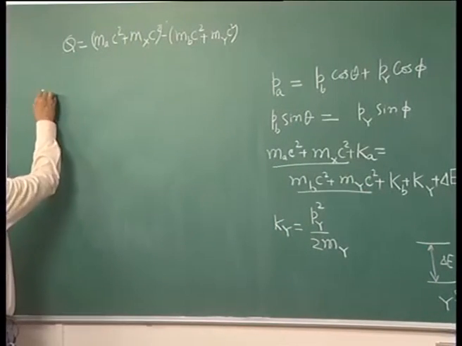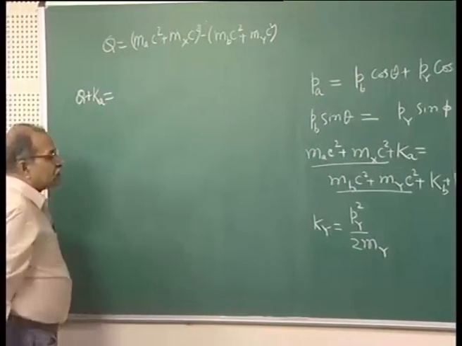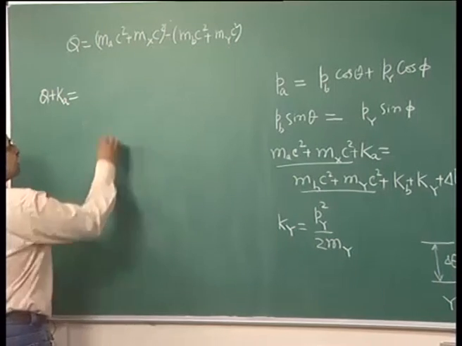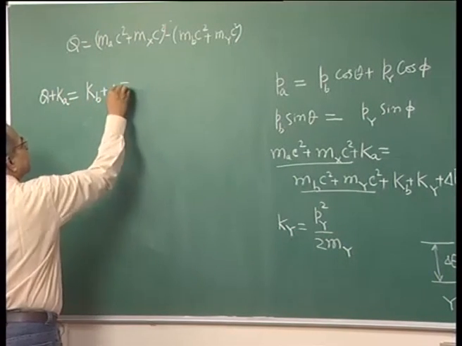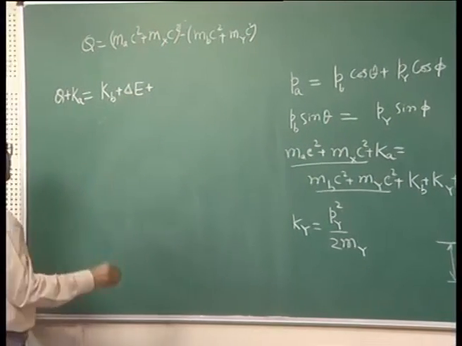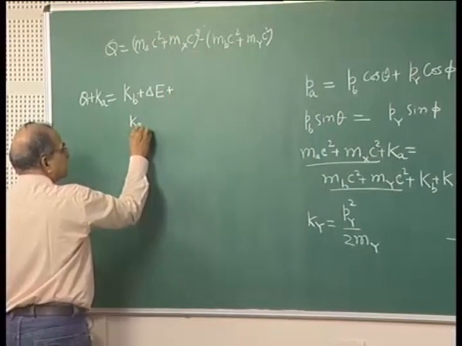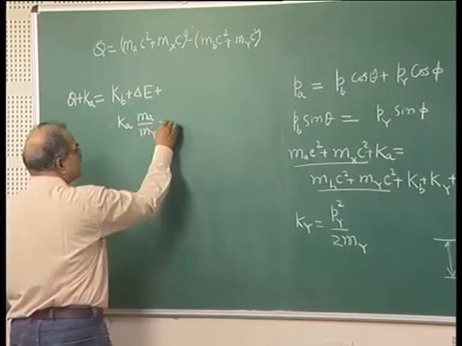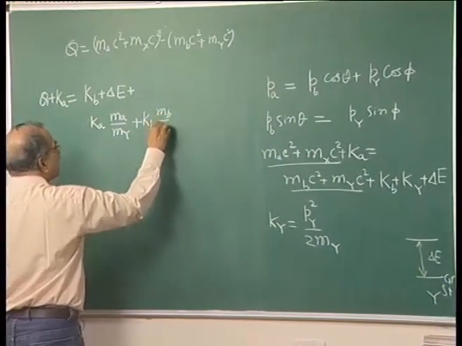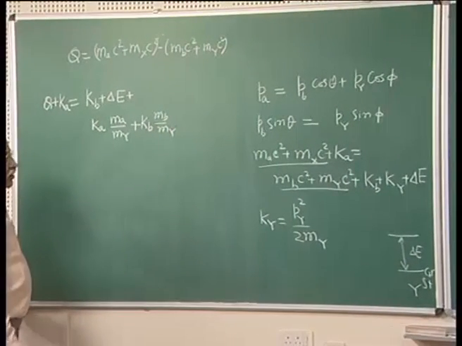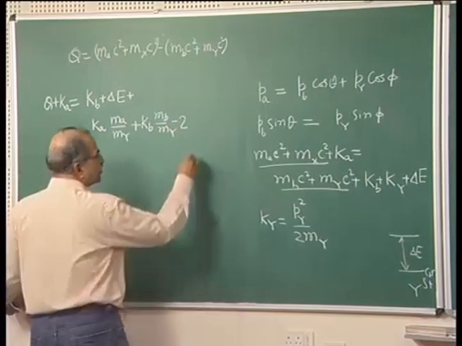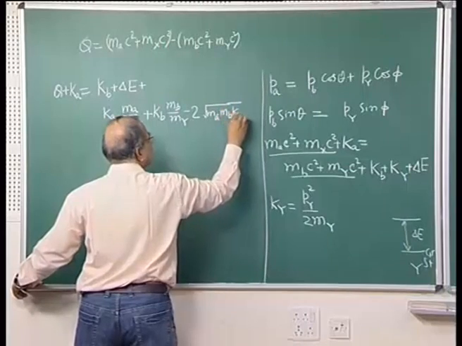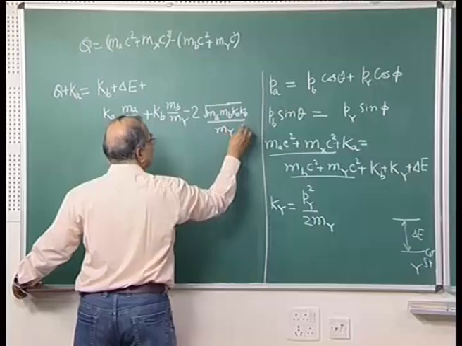So on the left hand side it is Q plus K A. I have taken care of these 4 terms and this K A, and then on the right hand side I have K B plus delta E plus K Y. For K Y I will write all that expression: plus K A m A by m y, plus K B m B by m y, and then minus 2 times the square root of m A m B K A K B divided by m y, and then cos theta.